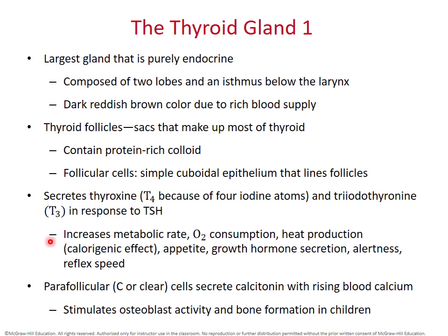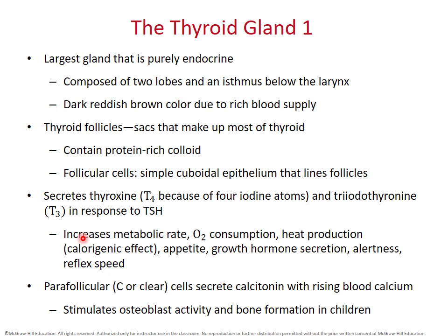Generally speaking, a stimulatory effect on the body. So people with adequate or lots of thyroid hormone burn calories pretty quickly. If you're hypothyroid, meaning you don't make enough thyroid hormone, then the baseline rate at which you burn calories is going to be reduced, and people who are hypothyroid tend to gain weight easily.